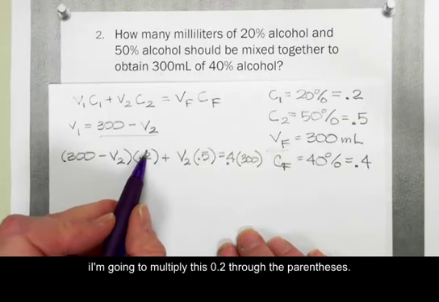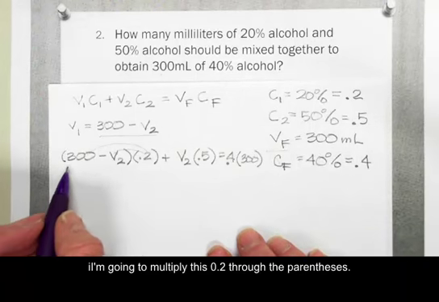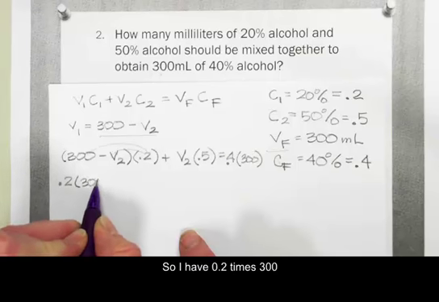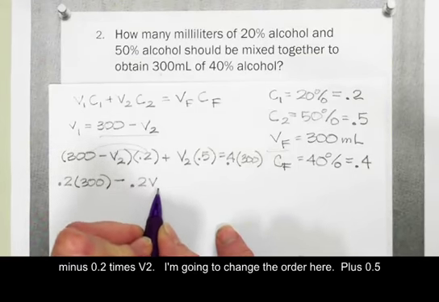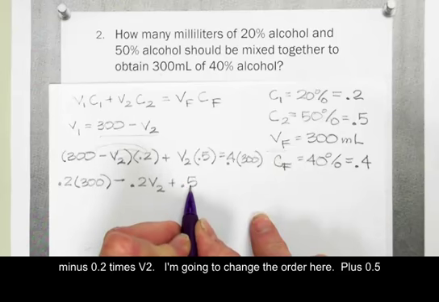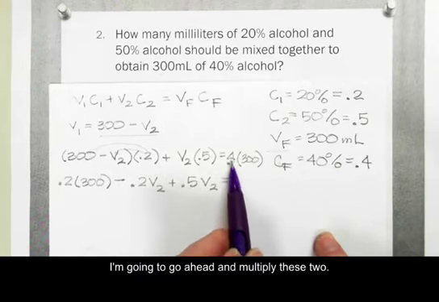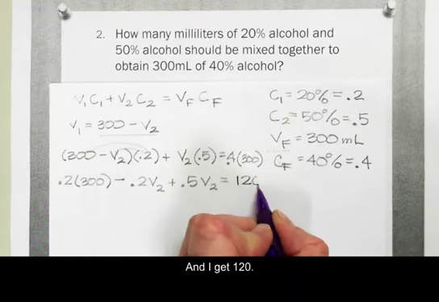I'm going to multiply this 0.2 through the parentheses. So I have 0.2 times 300 minus 0.2 times V sub 2, and I'm going to change the order here, plus 0.5 V sub 2. And I'm going to go ahead and multiply these two, and I get 120.